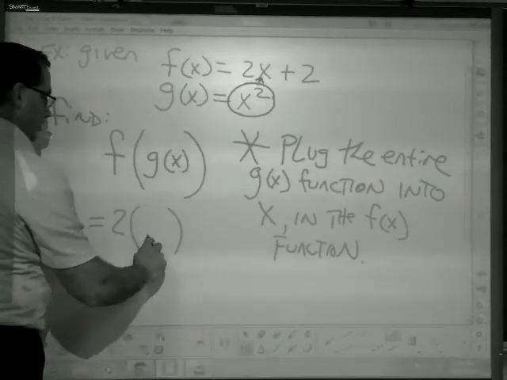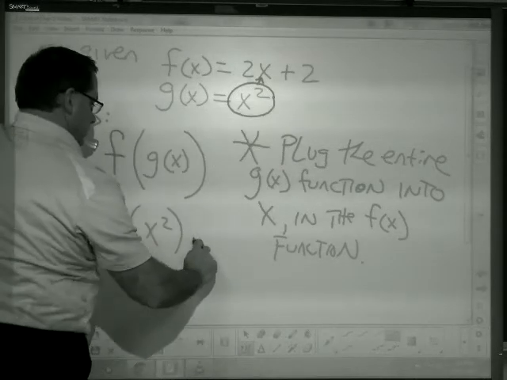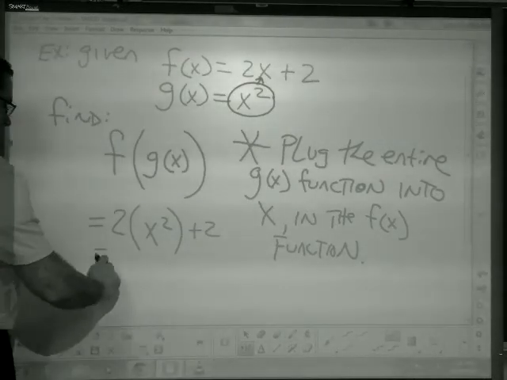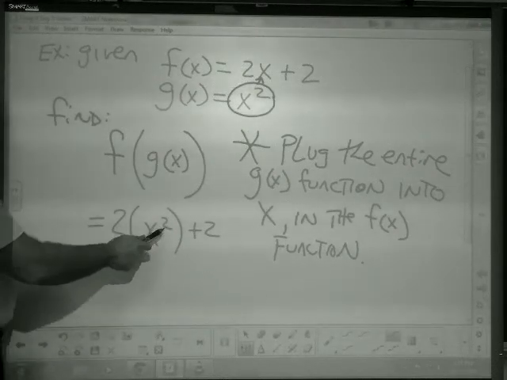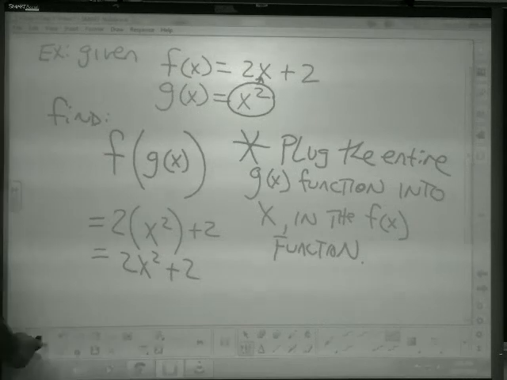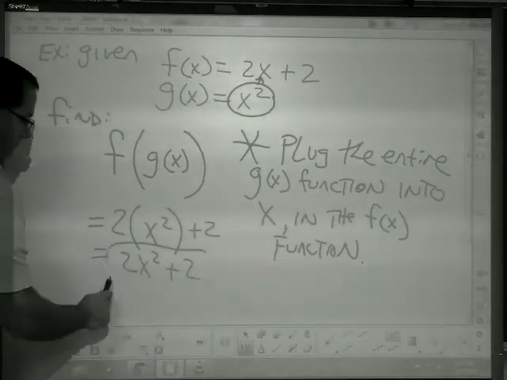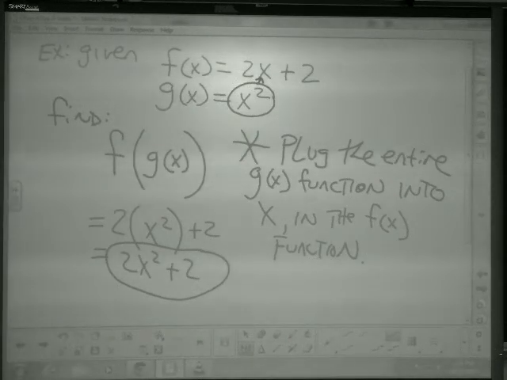All of this, whatever it is, plus 2. Well, I have 2 times x squared, that's 2x squared plus 2. And that is the f of the g of x.